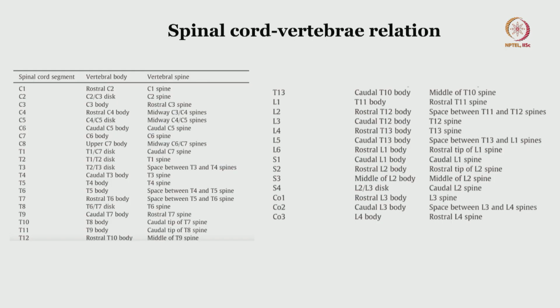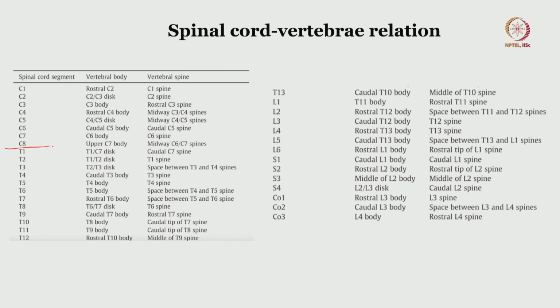The next important aspect is the spinal cord and vertebrae relation. This is very important to understand. As I said, you see the number of vertebrae and then the number of spinal cord segments. It is difficult to remember exactly where the spinal cord ends and where the vertebral column begins, but it is very important to have at least a rough idea.